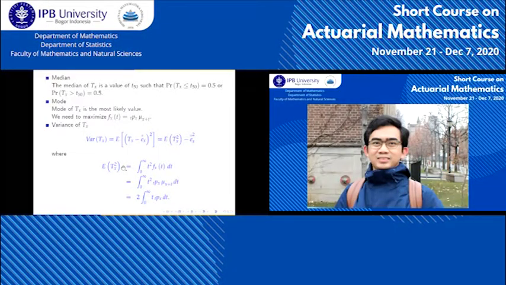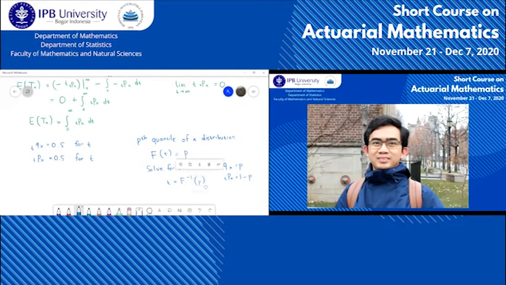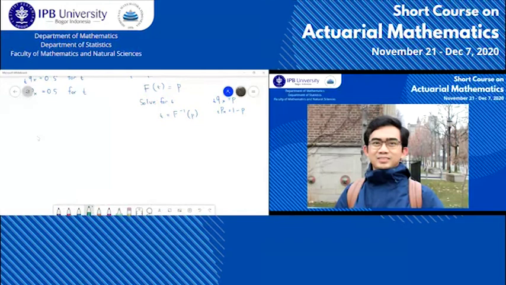So from probability, we have the definition of the variance of a random variable x as the expectation of x minus its mean mu x, squared, or we use this property of variance, which is the expectation of x squared, the second moment of x, minus the square of the mean of x.